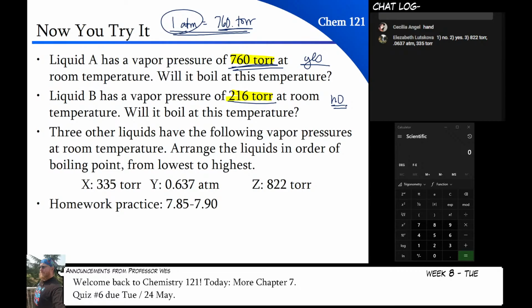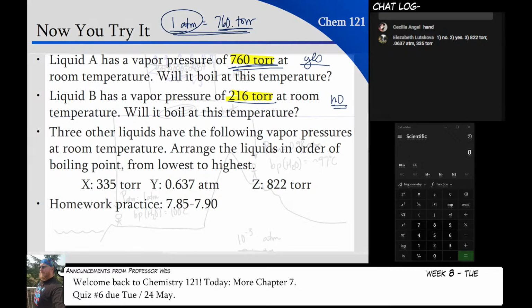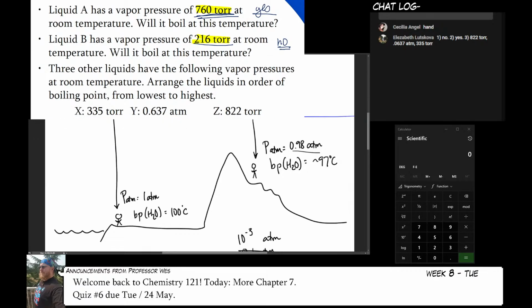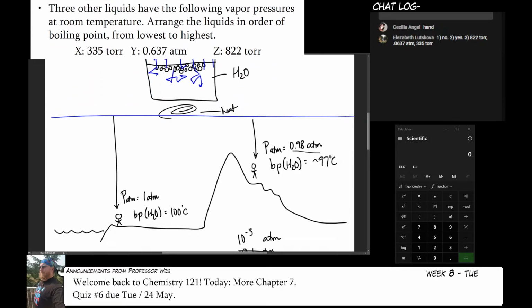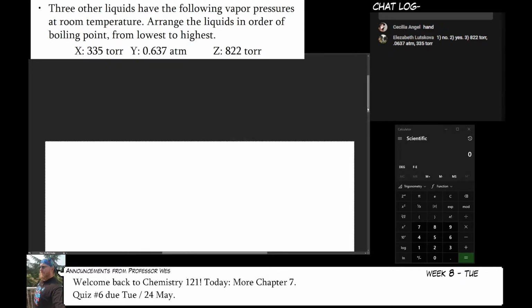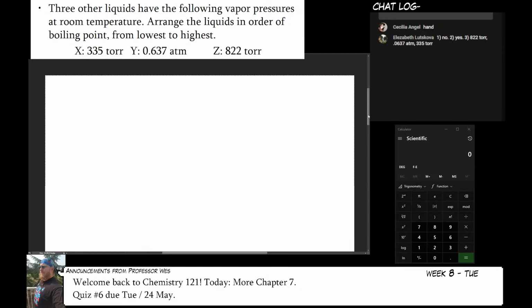Finally, for these liquids down here, I want to arrange them in order of lowest to highest boiling point. So what we need to do first is convert them all to the same units. So let's do that. I'm going to convert them to torr.